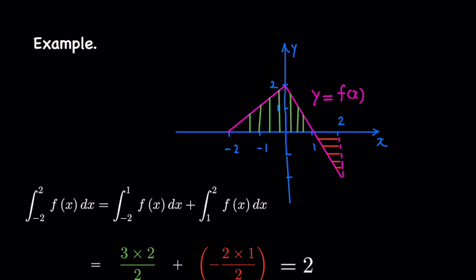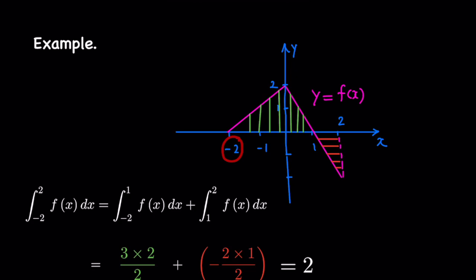It's basically the same example we saw earlier. But here I want to find the definite integral from -2 to 2, and in this case I have to break this definite integral into two pieces.